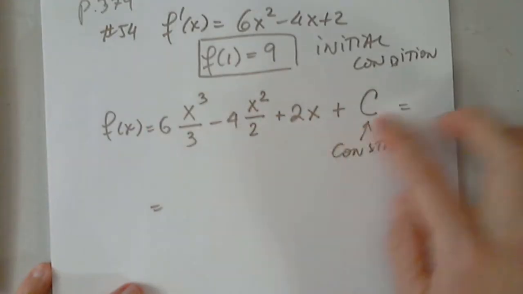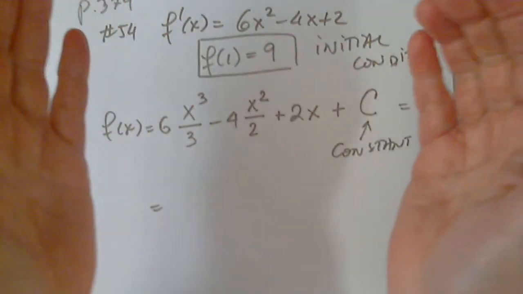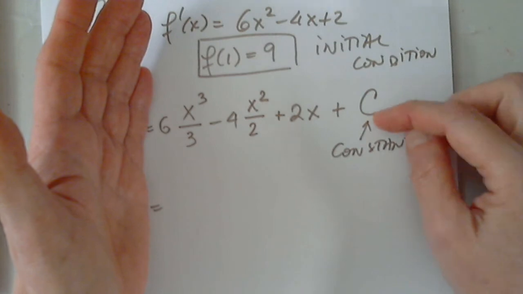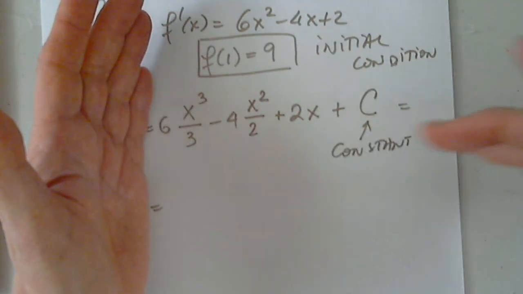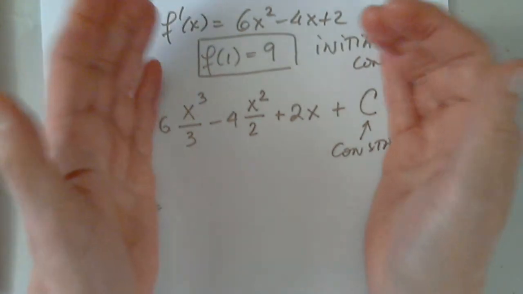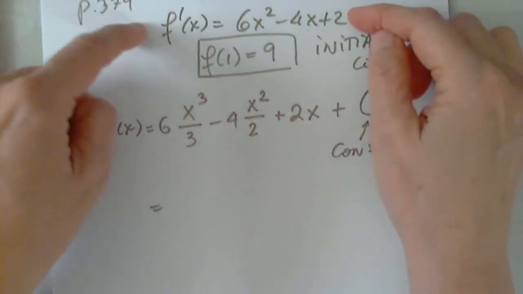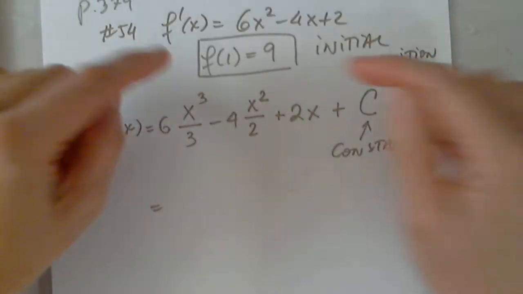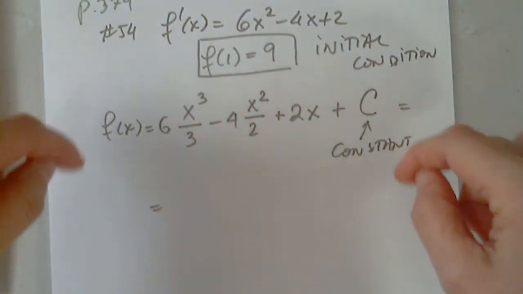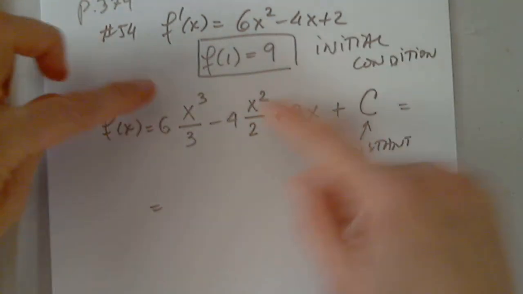So this right now is the most general antiderivative of that function. This is a family of functions because c can be anywhere between negative infinity and infinity. These are infinitely many functions with the same derivative.